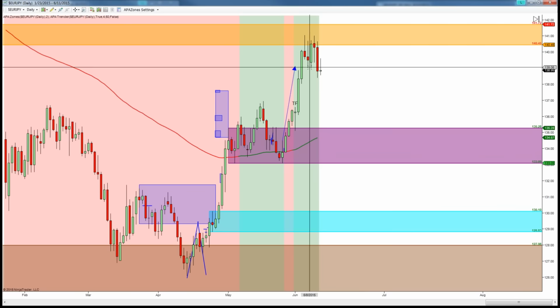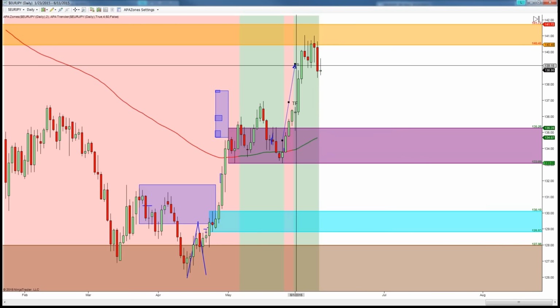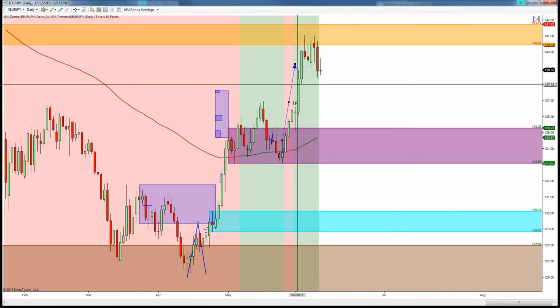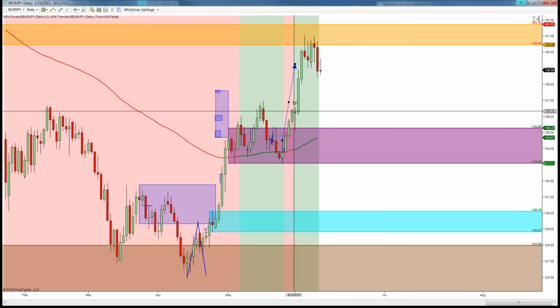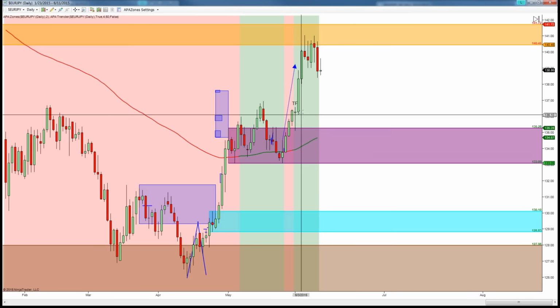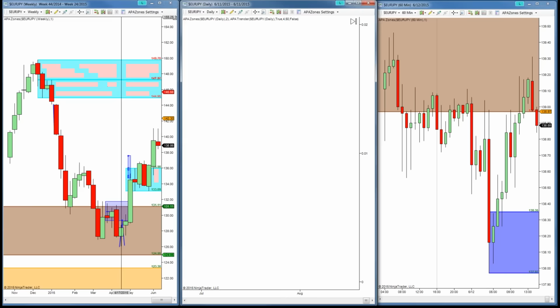So if you've been following with us, we've actually seen this thing pop out very nicely to the upside. So this really isn't that big of a surprise to us. It was something that we were looking at a couple weeks ago, and it's just come to fruition here. So trend follow to the long, counter trend would be to the short.